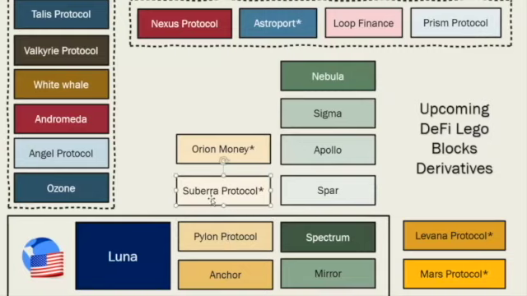Or for example, Sabira, let's say for subscriptions like Netflix or Delphi Digital Premium, you can deposit $10,000 and use your yield to pay for these subscription services. And Orion Money is just bringing stablecoins from other chains like Ethereum to use Anchor protocol. And Mirror is synthetic stock assets, right? So Apollo and Sigma are options that are also using Mirror. Most of these protocols are using the Mirror assets to create some sort of derivatives from it.